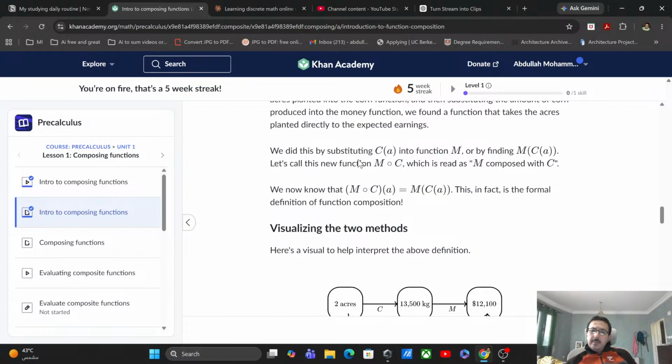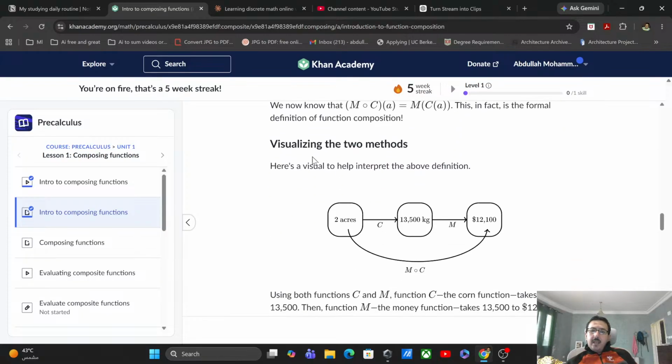We did this by substituting C(A) into function M, or by finding M(C(A)). Let's call this a new function, M composed with C. We now know that (M∘C)(A) equals M(C(A)). This, in fact, is the formal definition of function composition.